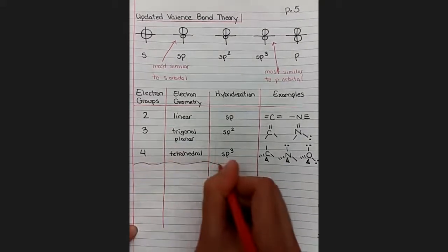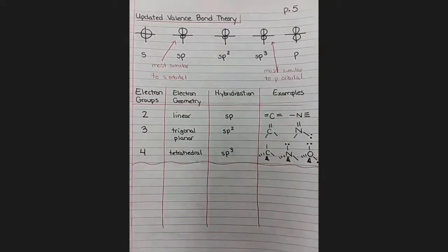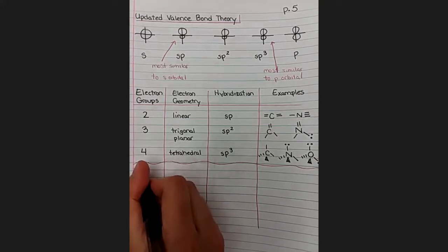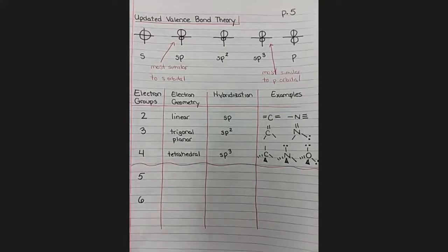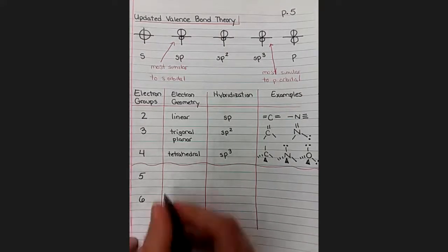Now, these are the only types of hybridization that we've gone into great detail for. We can continue and use hybridization to explain our 5 and 6 membered electron geometry, but we're going to have to bring in the d orbitals.